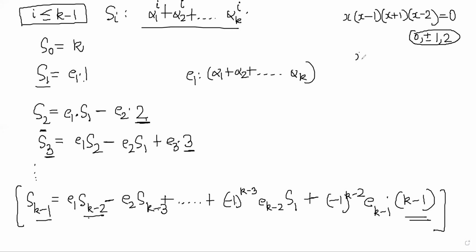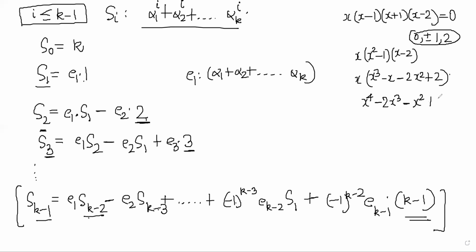What is this polynomial? x into x square minus 1 into x minus 2. So this becomes x cube minus x, minus 2x square plus 2, multiplied by x. So this becomes x power 4 minus 2x cube minus x square plus 2x is equal to 0. This is my polynomial.